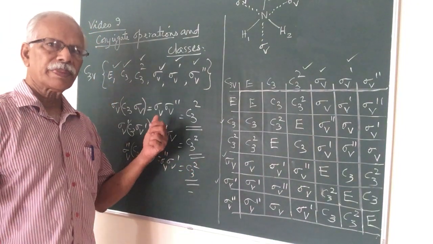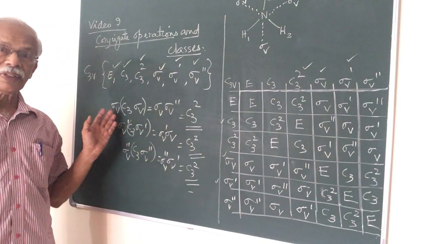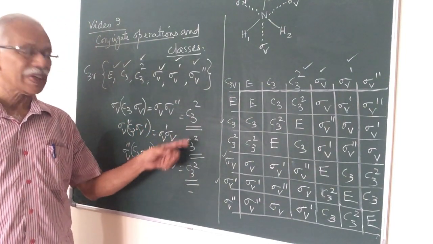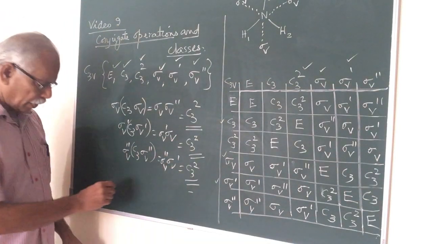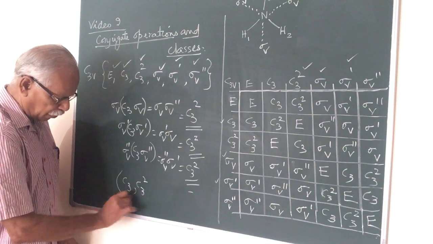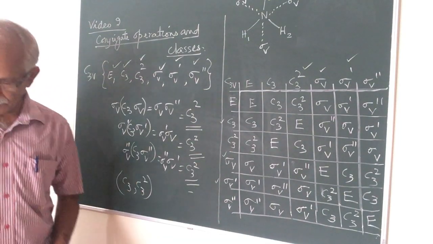So apart from C3 itself, C3 is conjugate or similarity transform to C3 squared. Therefore, C3 and C3 squared together will form another class.